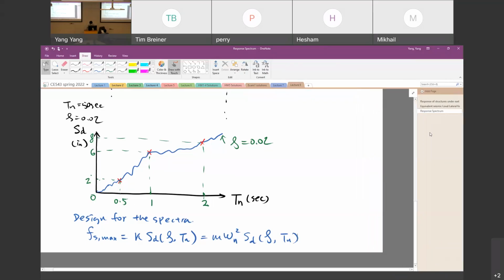So as you can see here, we have the S and the D. Right? The D here represents displacement. So S sub D, that's the displacement response spectrum. Sometimes we also would like to know the velocity response spectrum.